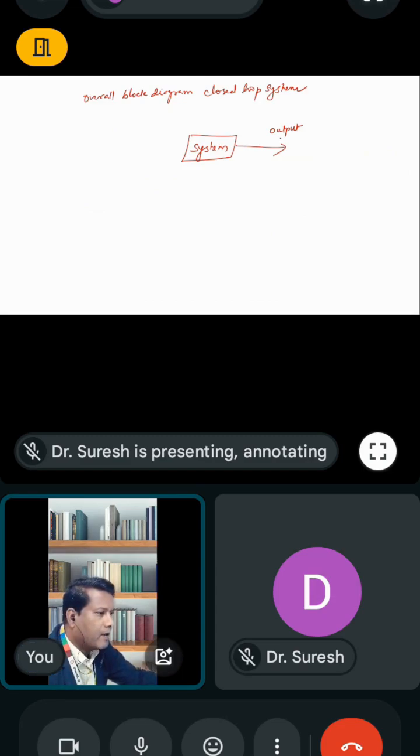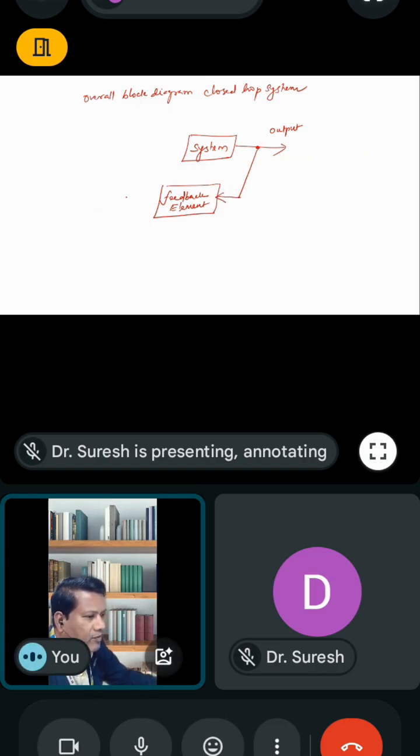Okay, so measure the output using a measuring device. We can call it a measuring device or feedback element. First measure it, then the output of the device is called the measured value, and here the input is applied.